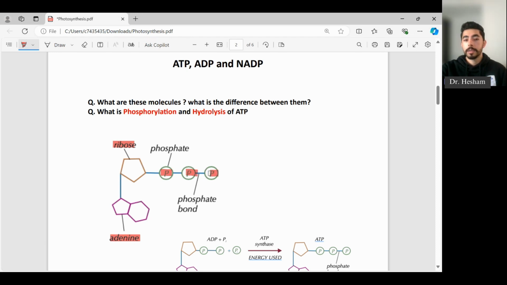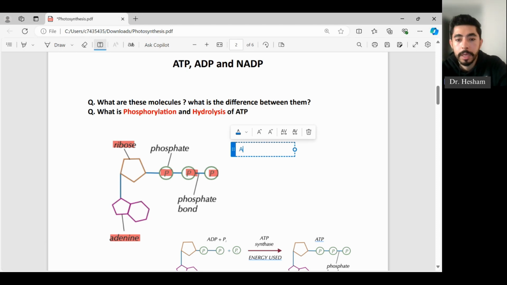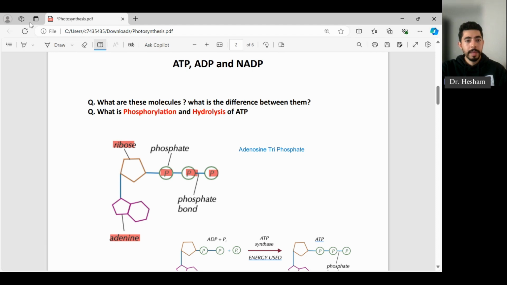This is ATP. So what does it stand for? Why is it called ATP? Of course, it is an acronym, and it stands for adenosine triphosphate. So adenosine triphosphate means that it is made up of both adenine and ribose sugar. Together they are called adenosine.